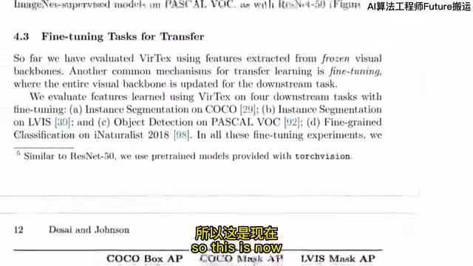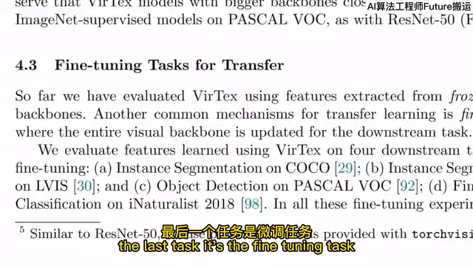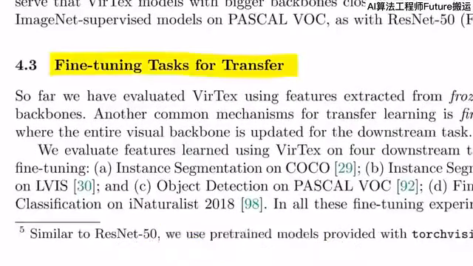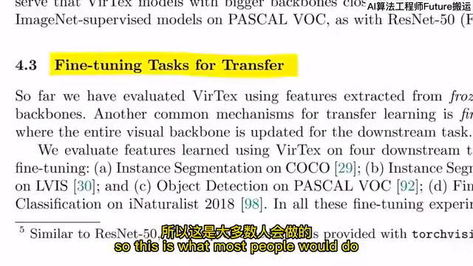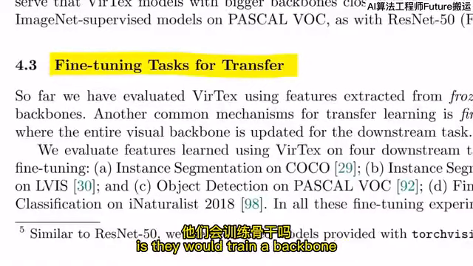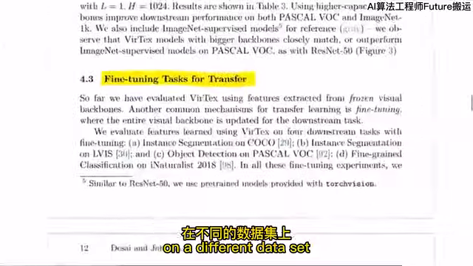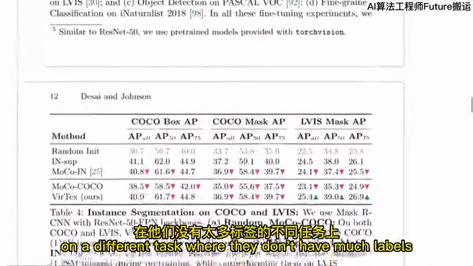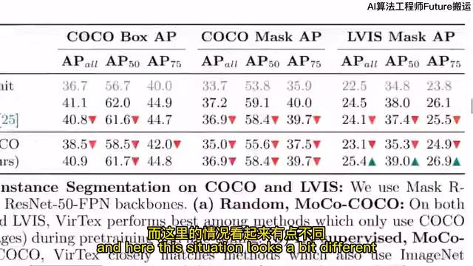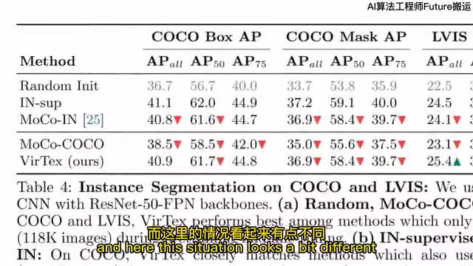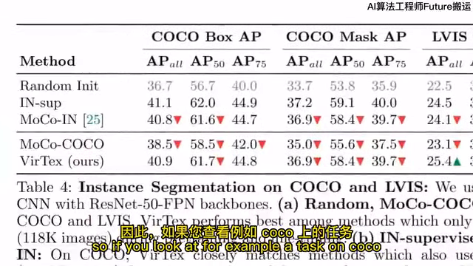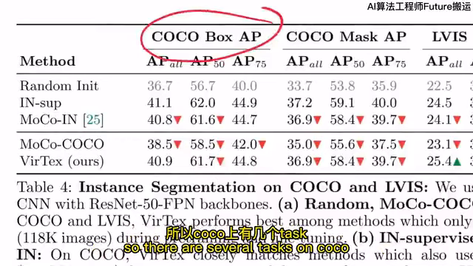So this is now the last task. It's the fine-tuning task. So this is what most people would do: they would train a backbone and then fine-tune it on a different data set or on a different task where they don't have many labels. And here the situation looks a bit different. So if you look at, for example, a task on COCO, there are several tasks on COCO.